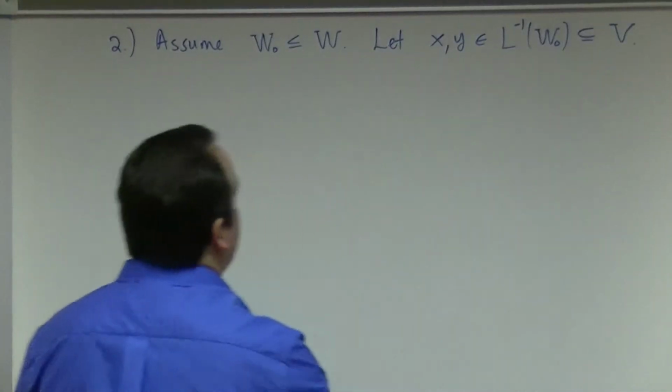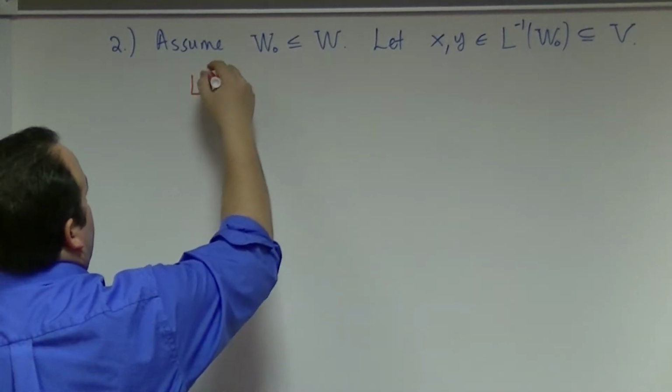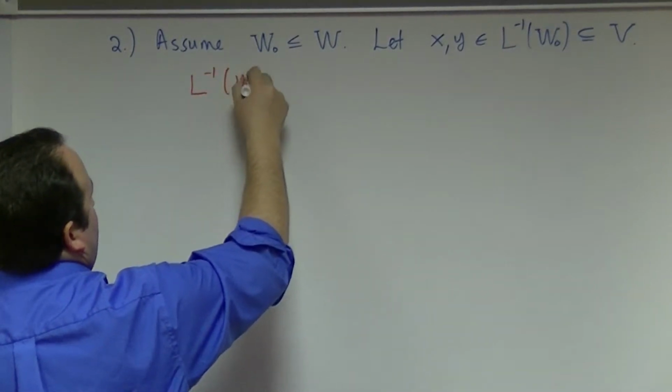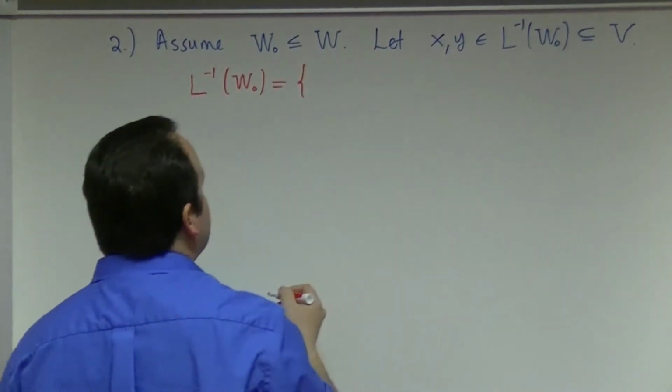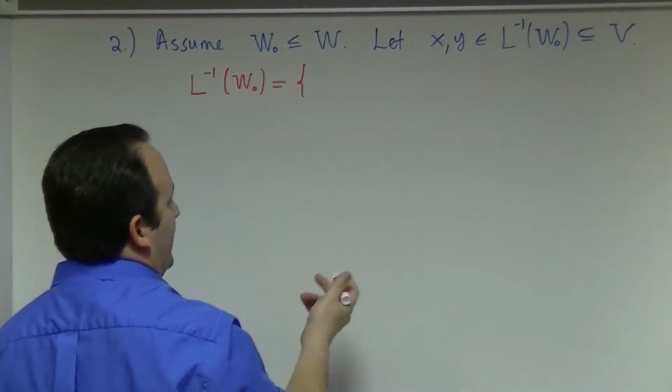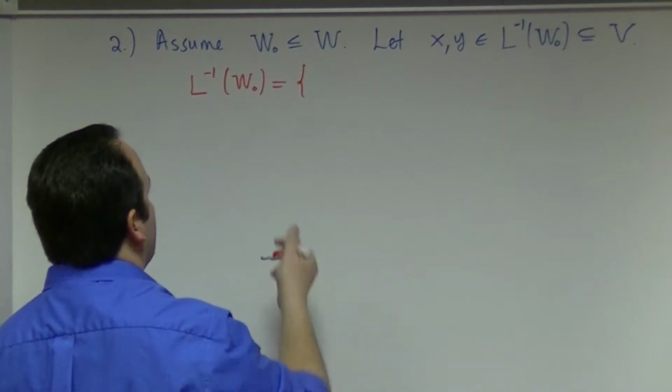Probably would be wise for me to restate the definition of the inverse image of L under W naught, since classically speaking, this is something you guys have trouble with. Okay, so what is this?